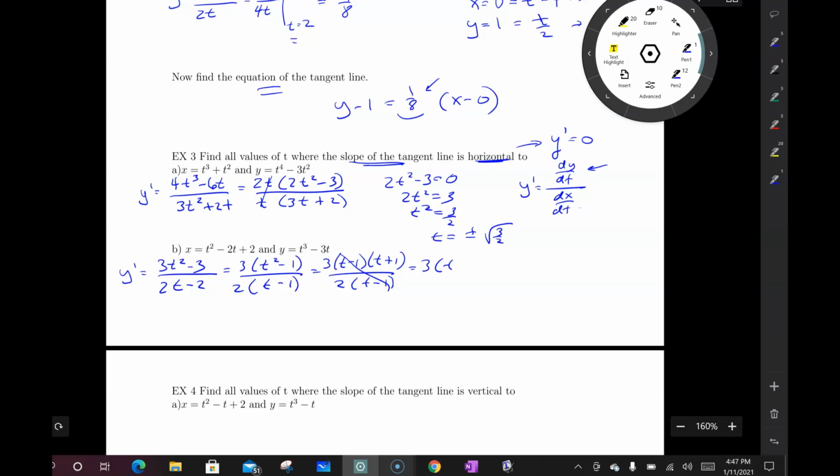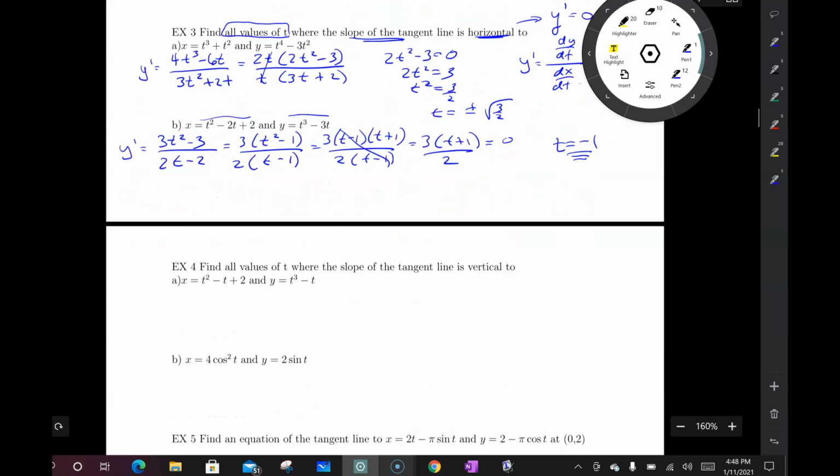So all I'm left with is this. So when is the numerator equal to 0? Well, that would just be at t equal to -1. So it's just asking me for the t values, right? If you were being asked for the xy values, you would just put this t back into the xy, correct? If you were asked, just to make sure you knew that. All right.